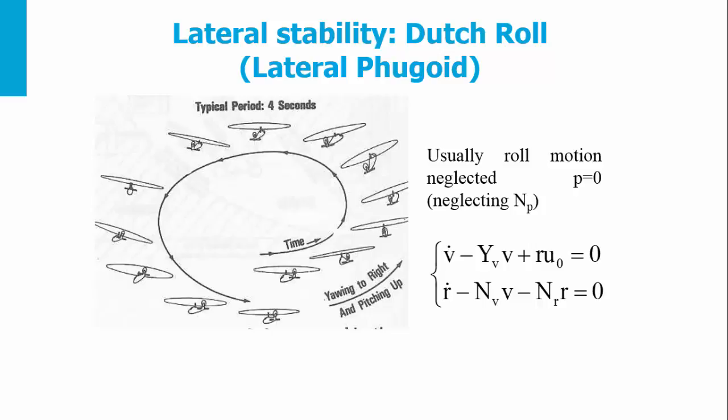In this mode, usually the roll motion can be neglected, so I neglect the derivative Np, and in this way we can consider only the combination of the yaw and of the lateral velocity. We can find the Dutch roll modes.